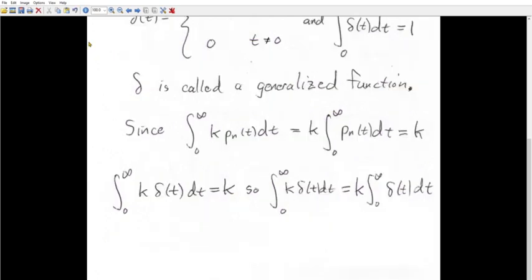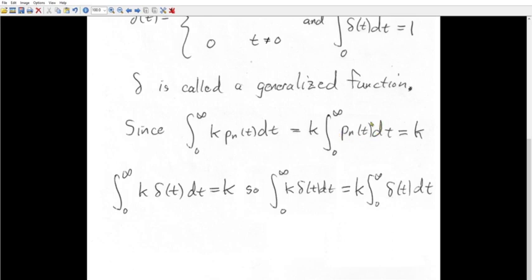To understand some of the properties of delta, we need to look back at the pulse functions that this is in some sense the limit of. And Pn of t is just a standard function you can integrate. The integral of k times Pn of t is just going to be k times the integral of Pn of t dt, standard property of integrals.